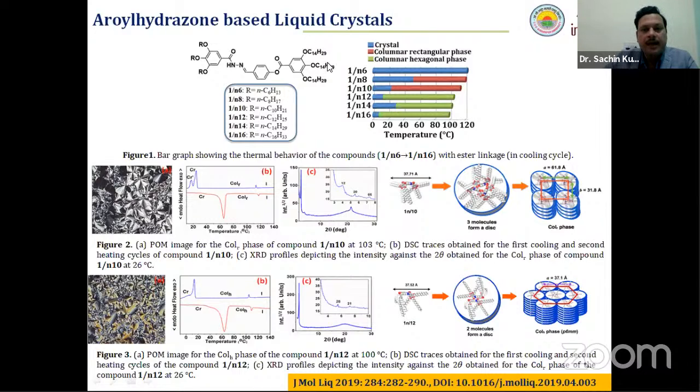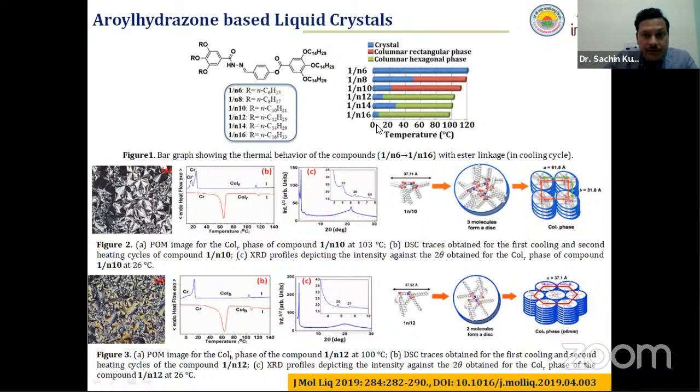Then you can see carbon chain lengths 6, 8, 10, 12, 14, and 16 with alkoxy chain variations. From carbon chain length 8 to 10, you are getting columnar rectangular mesophases, and with variation in the chain length, you are getting columnar hexagonal mesophases. And these mesophases are actually stable from room temperature up to 100 degrees Celsius.